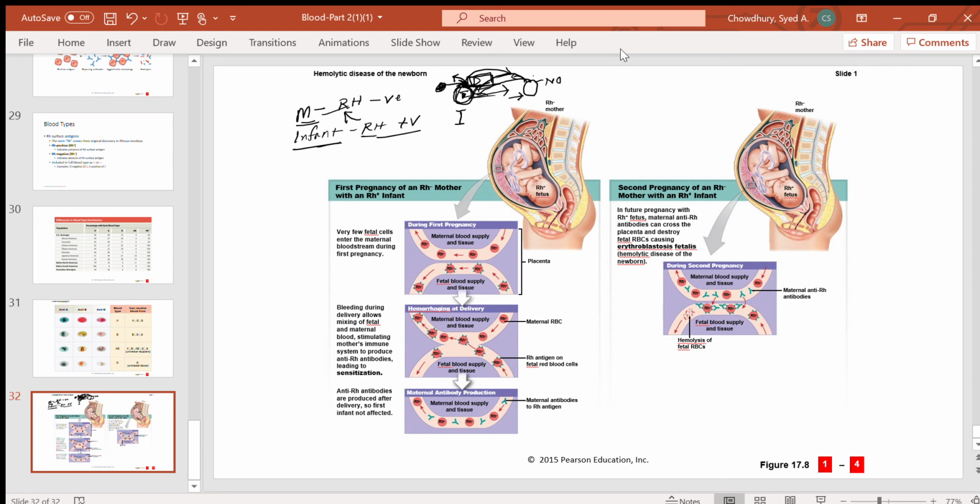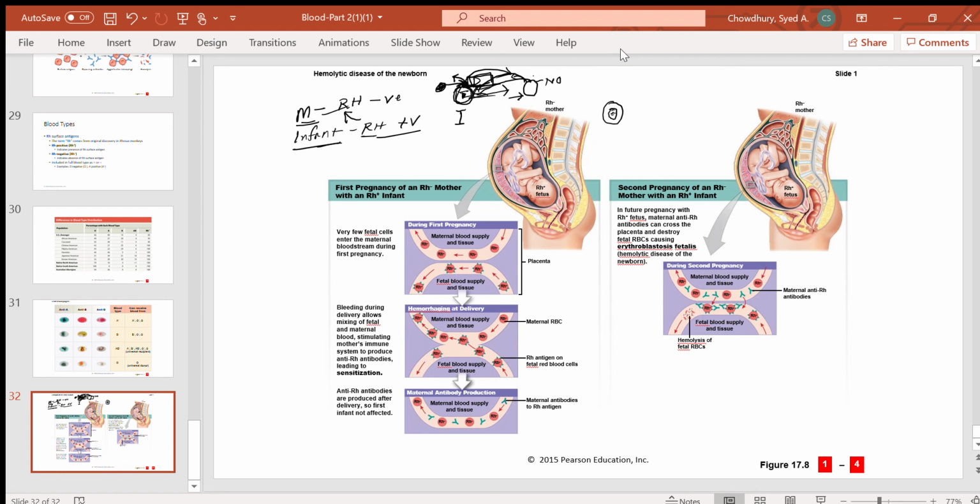Erythroblasts, blasts are immature. So immature red blood cells will try to replace the destroyed mature red blood cells. So in the blood circulation, you'll see a lot of immature red blood cells, and immature red blood cells, you already know, have a nucleus and no hemoglobin, so they are not useful to transport oxygen, right?